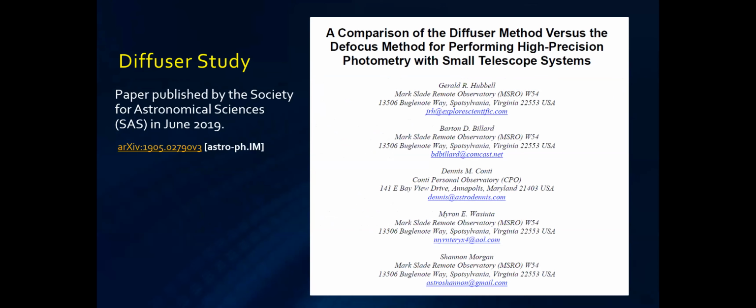I read that paper, and it was pretty cool to find that you could do very high precision photometry, and I wanted to see if it would apply to small telescope systems. So I started this work in 2018 for about a year and bought the commercially available diffuser from RPC Photonics, and we published our paper last year in the proceedings of the Society for Astronomical Sciences.